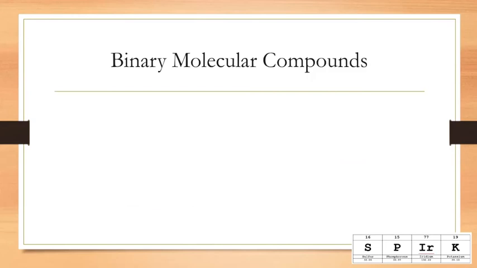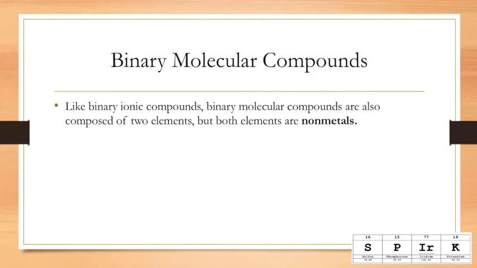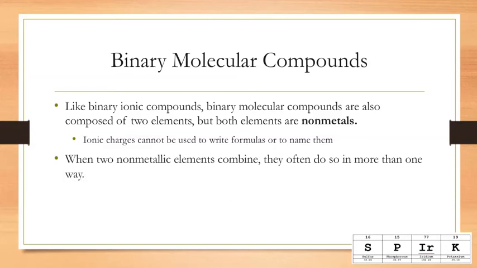First thing we want to discuss is binary molecular compounds. Like binary ionic compounds, binary molecular compounds are also composed of two elements, but both elements are nonmetals. Ionic charges cannot be used to write formulas or to name them for molecular formulas.